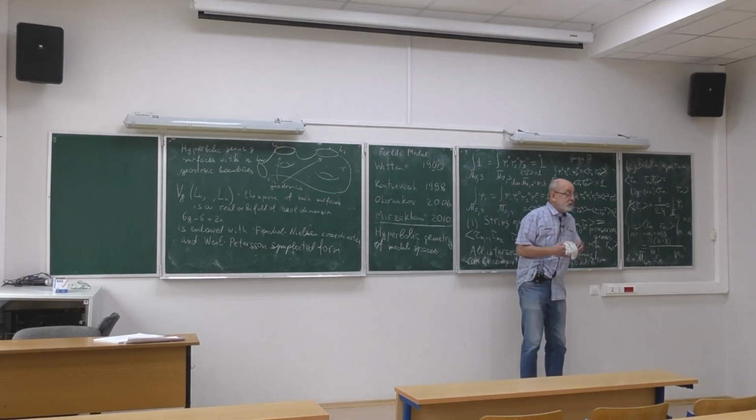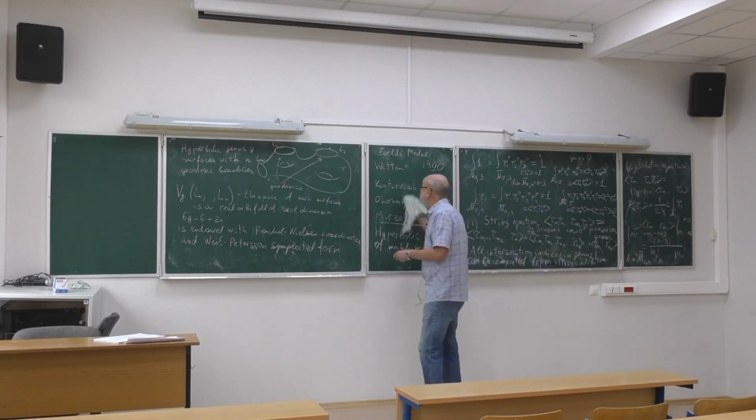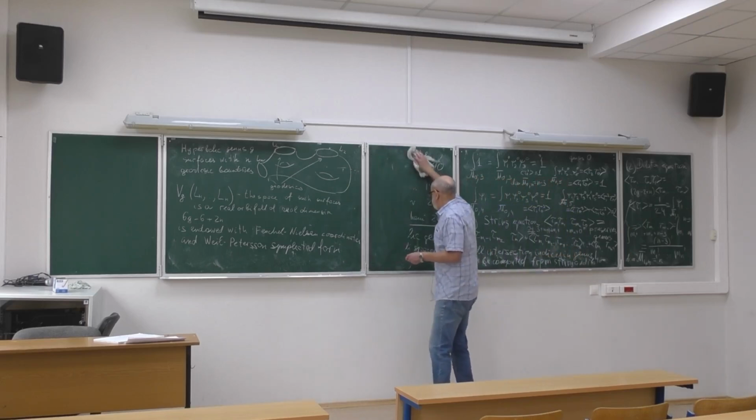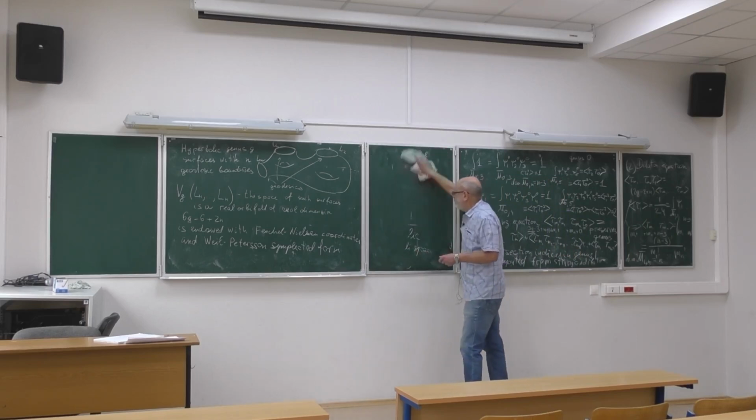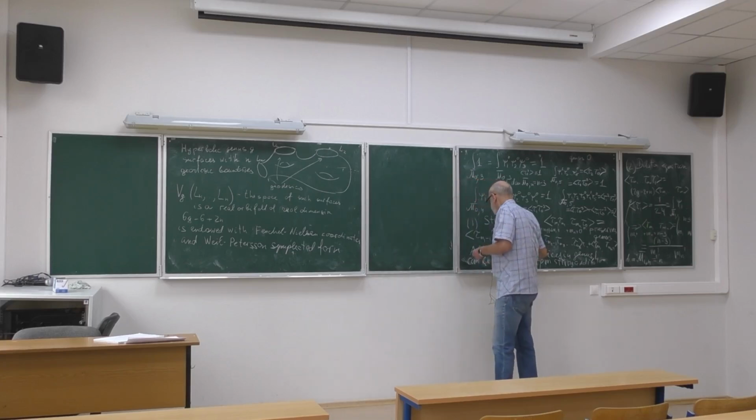We have discussed Fenchel-Nielsen coordinates on spaces of surfaces with hyperbolic metric already. And what are they?